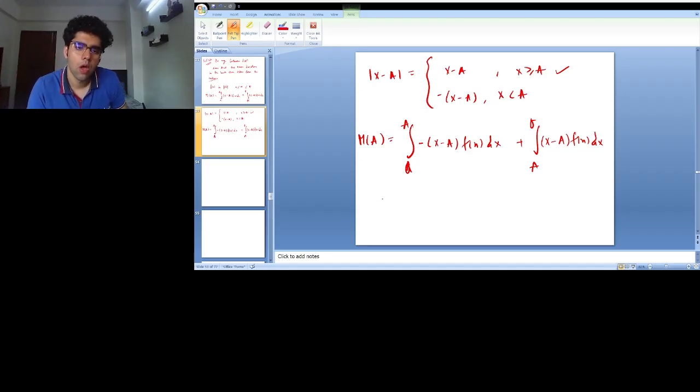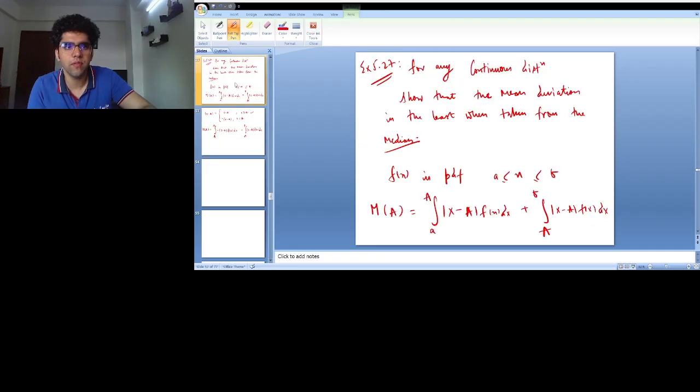So now we need to find the value of A. And for finding the least value, let's suppose that A gives me the least value of the deviation of x.